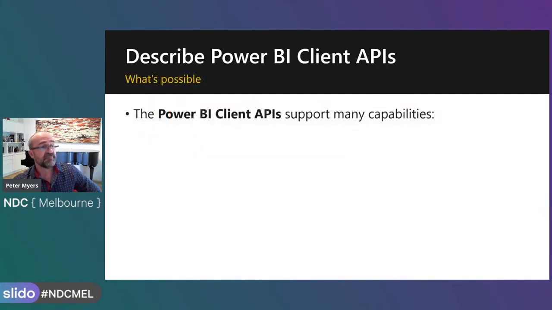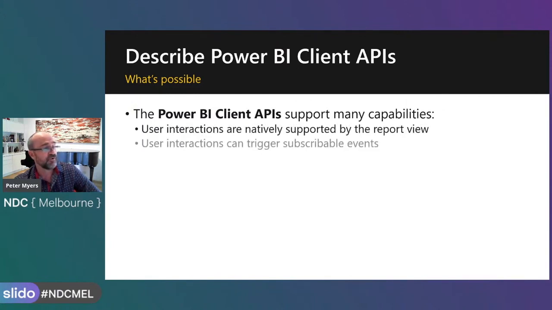All right, so there are many supported capabilities, and as one example, user interactions are natively supported by Report View. Users can do anything like cross-filter, they can download data, they can sort, they can interact in every way that Power BI supports. And your application can subscribe to these events.